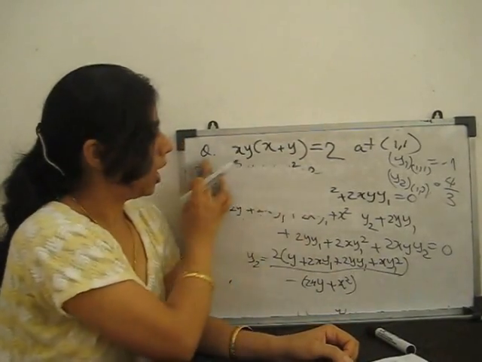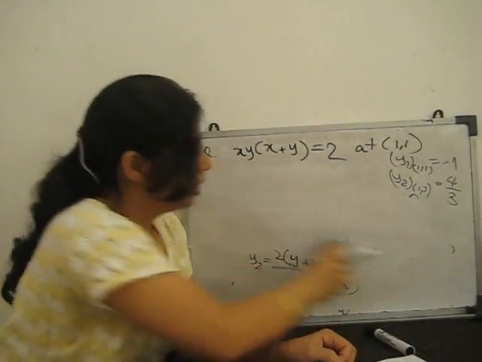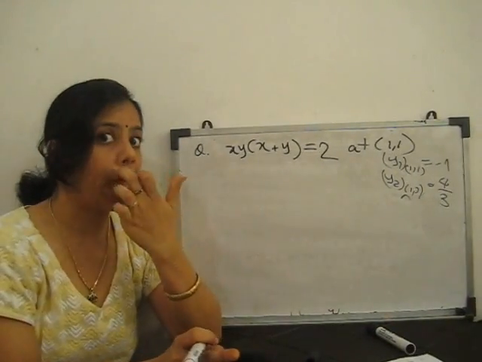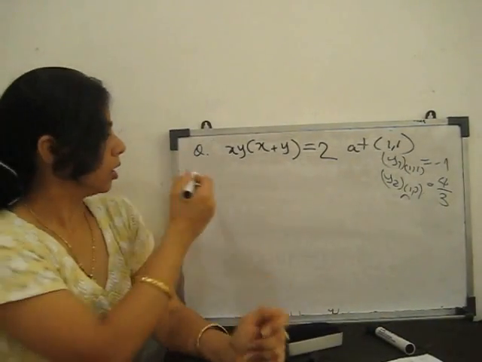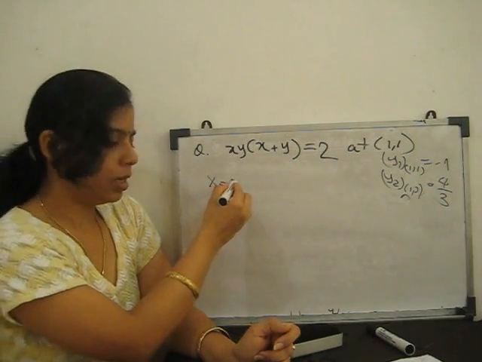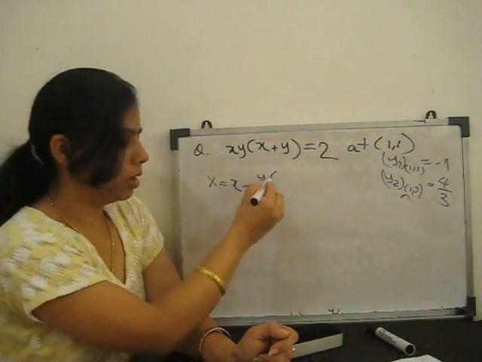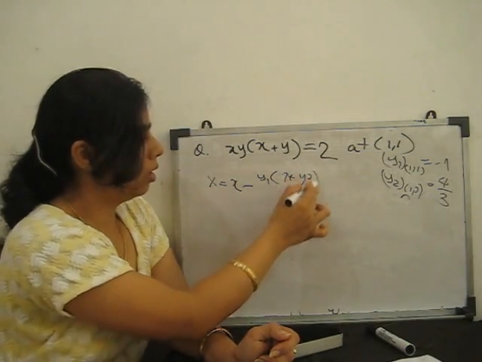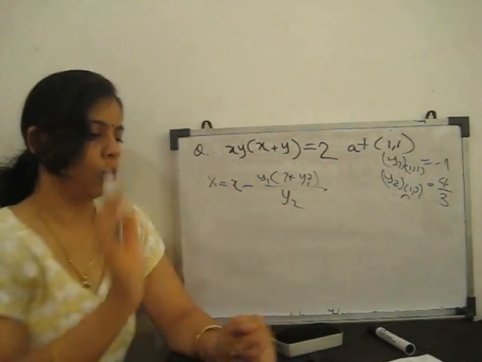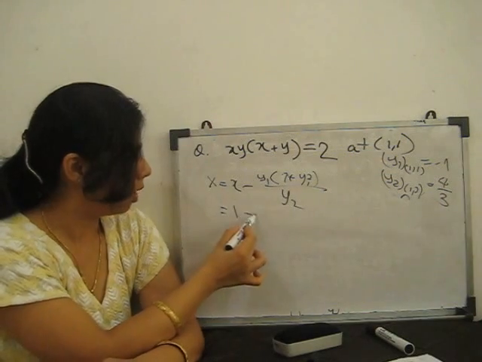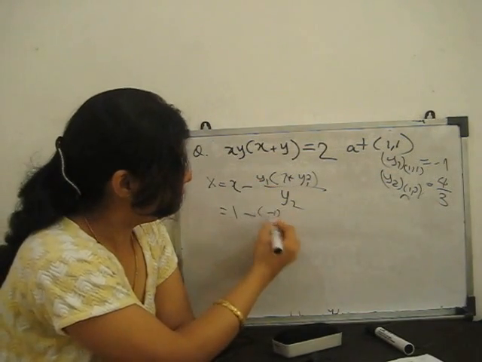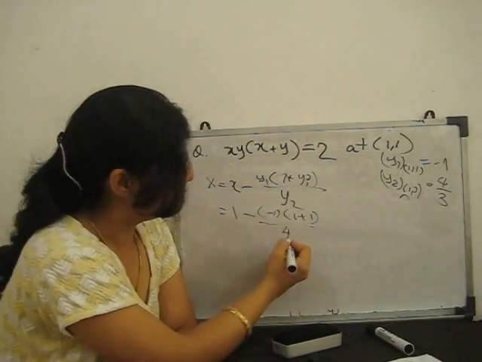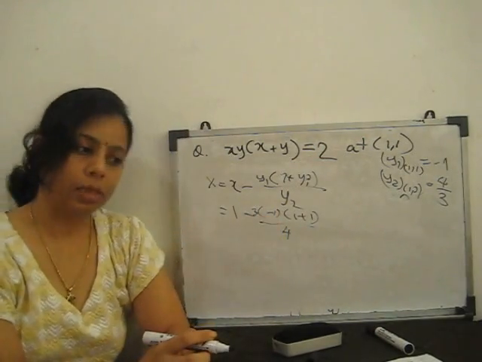Now the next step is to find out the center of the circle. The center of the circle is capital X and capital Y. What is capital X? Capital X is x minus y1 (1 plus y1 square) by y2. So substitute x equal to 1, y1 is minus 1, 1 plus 1 square is 1, y2 is 4 by 3. Clear? Simplify it.